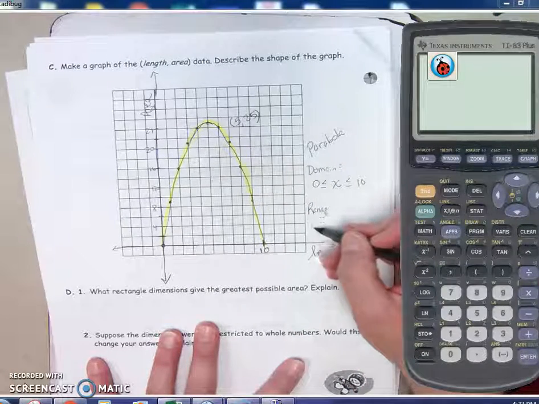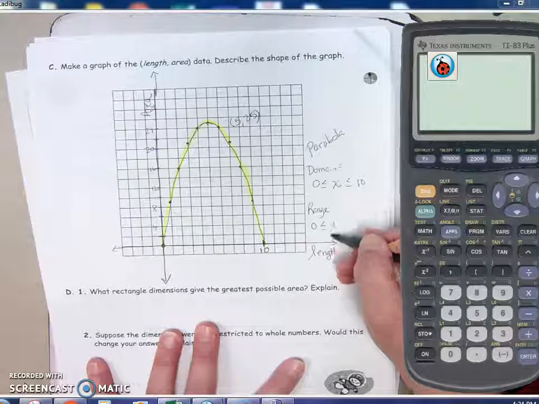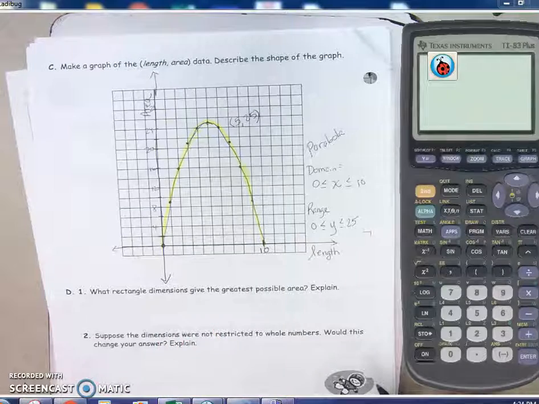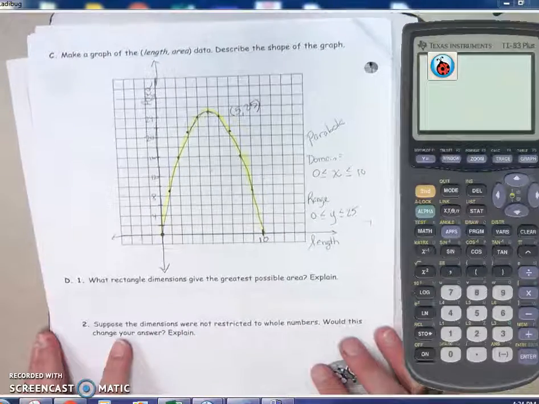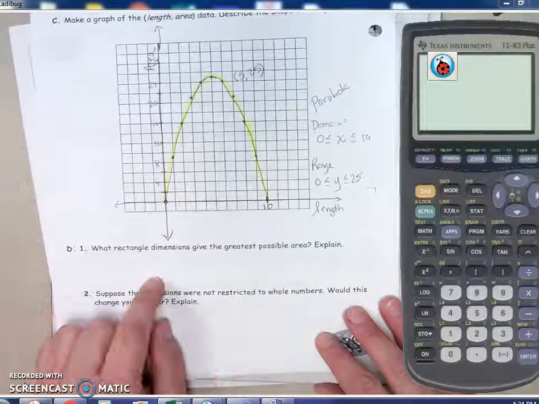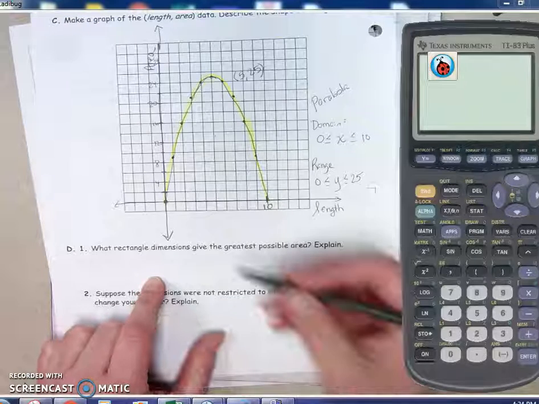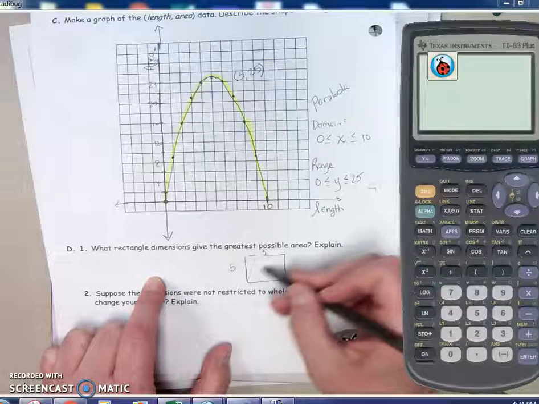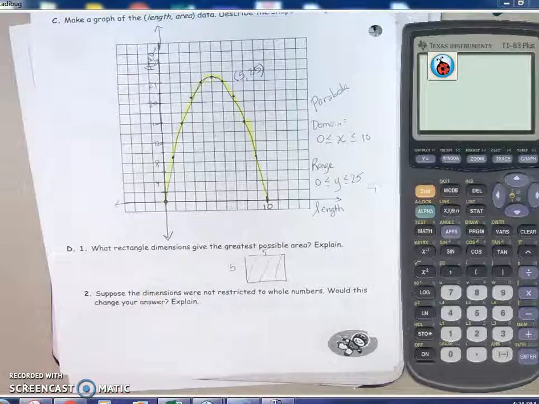So they go from 0 to 25. So that's your domain and range. And the rectangle with the greatest possible area is going to be a rectangle that's 5 by 5. So it's going to be a square that's 5 by 5.